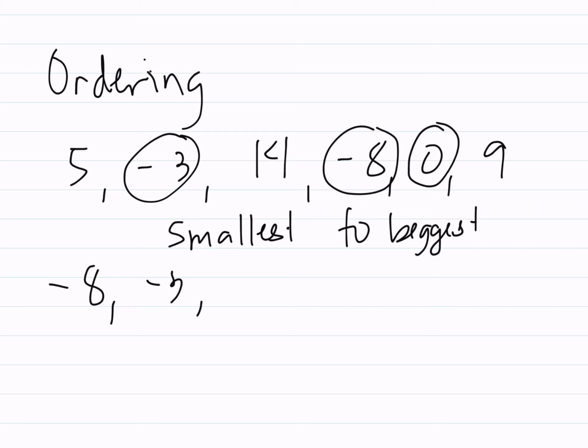And remember that 0 is larger than negative numbers. So after negative 3 we have 0, then 5, 9, and 14. So that's the proper arrangement of integers from smallest to biggest.